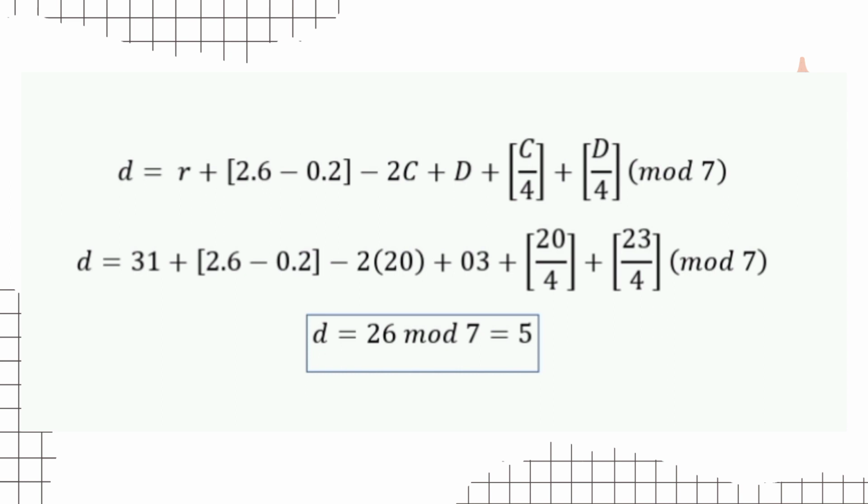Simplifying everything, we come up with D equals 26 mod 7, which is equal to 5. So my birthday this year falls on Friday.